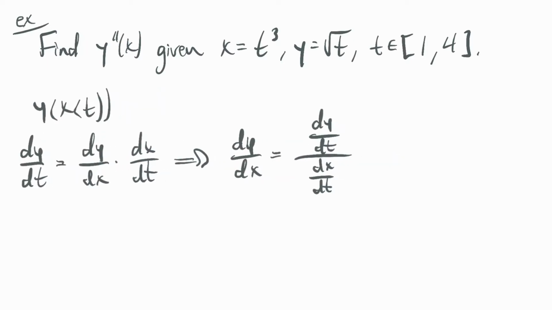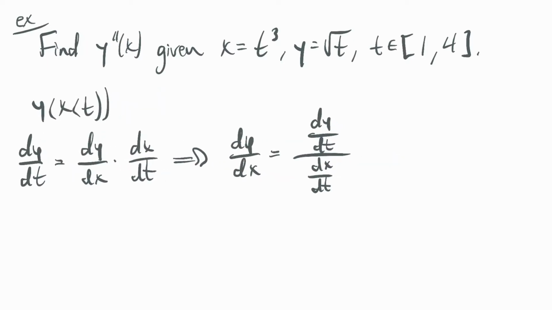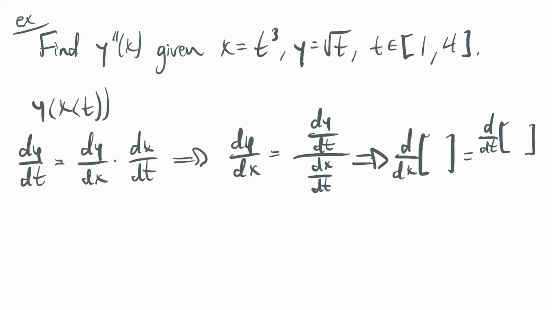Now, we can rewrite this. I'm not really changing anything. I'm just rewriting d/dx of anything that's a function of x. We go through the same logic. This will be d/dt of anything that's a function of t, over dx/dt.